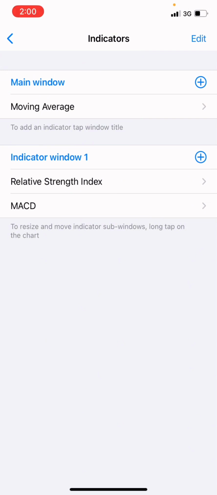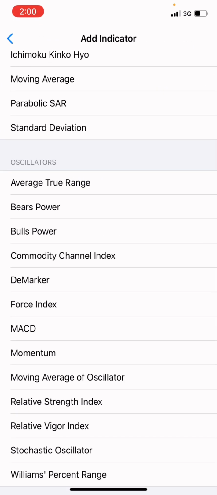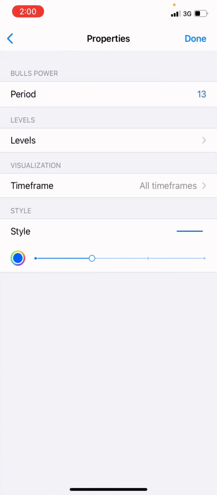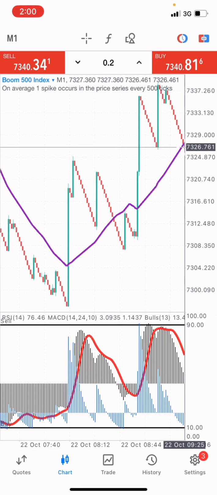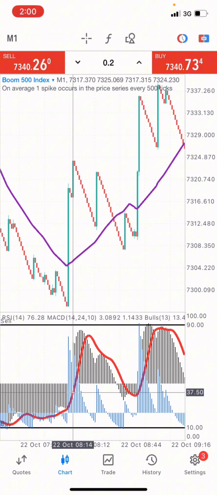All right, now adding to this MACD, you can put on the bull's power on period 13, style on 2 pixels, color blue, the bull's power indicator. Another powerful indicator for you to trade the boom 500 index market successfully. All right, to understand this bull's power indicator, you need to study it very well.